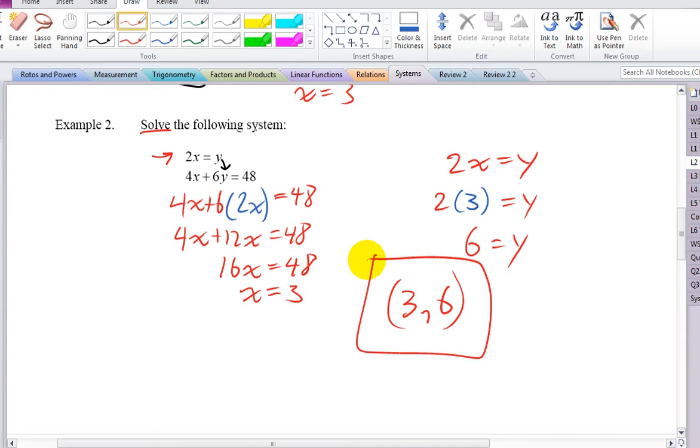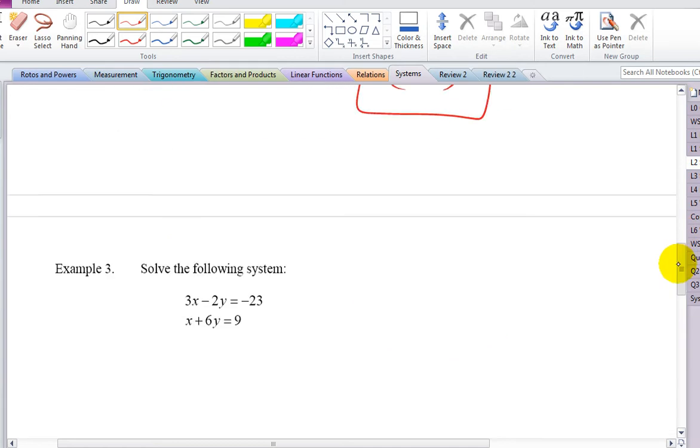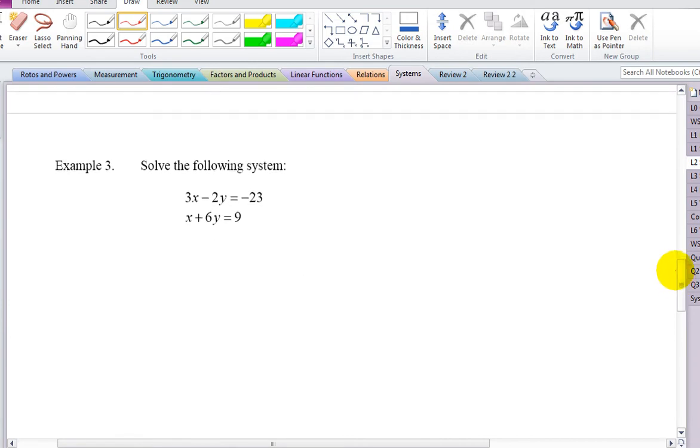A couple little more things to look at here. A little bit harder, okay? But should we work with the top one or the bottom one? What do you guys think? Totally, it's x by itself with a 1 coefficient. Woohoo! Party time. So what does x equal?